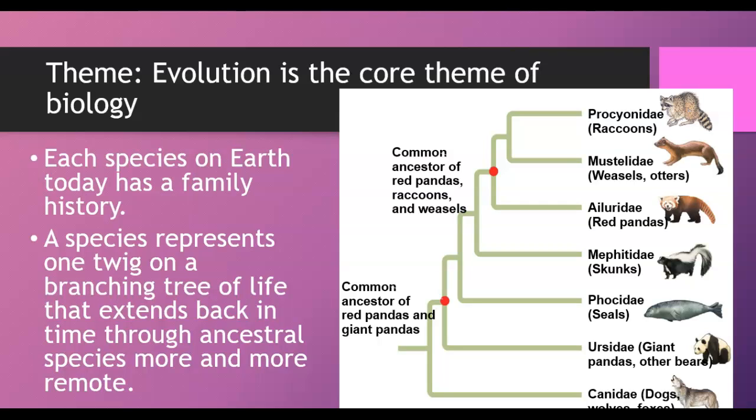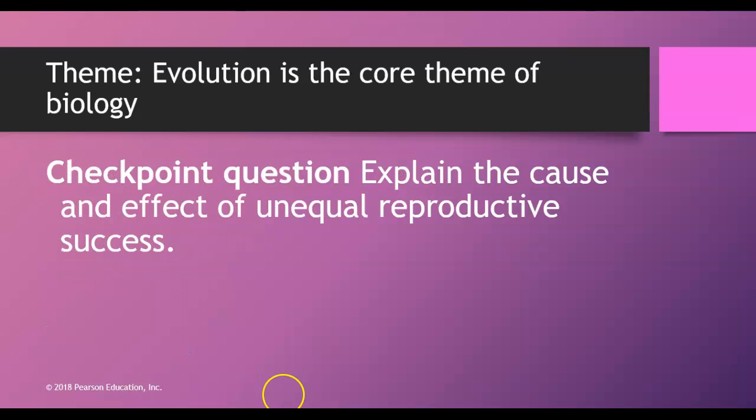They're all in the order Carnivora, believe it or not. They descended in the far distant past from a common ancestor, but as time goes on you can see that some of these are more closely related to each other than they are to other members of that same family. So that's evolution as a core theme of biology.